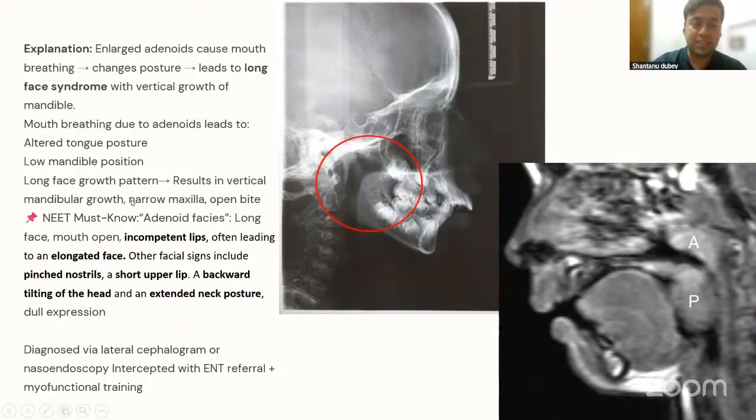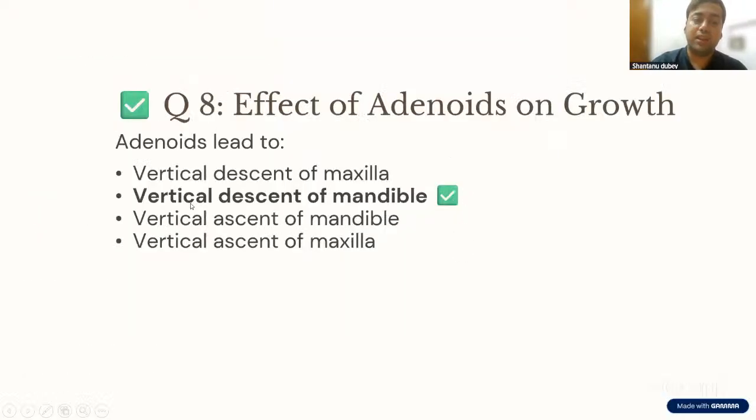These things that I just mentioned are called adenoid facies. Long face syndrome is also associated because the height of the face increases, so we can safely assume that the second option, vertical descent of the mandible, seems correct, because the maxilla was not affected that much. Only the mandible was being affected.